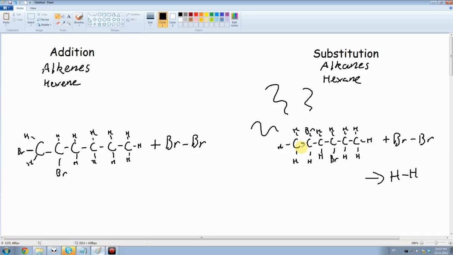They don't have that double bond, so the bromines have to break these stronger hydrocarbon bonds. The UV rays from the outside help do that. After some time, the slow reaction occurs and the bromines slot themselves in. And during that reaction, you also produce hydrogen gas, which is where these hydrogens go.